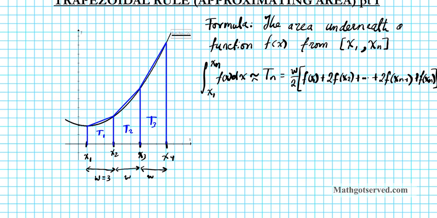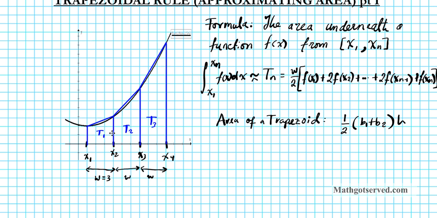Now, before we can derive the trapezoid rule, we are going to recollect our formula from geometry for the area of a trapezoid. The area of a trapezoid from geometry is basically 1/2 times the sum of the parallel sides, base 1 plus base 2, times the height.